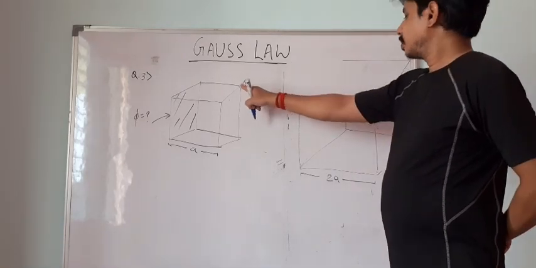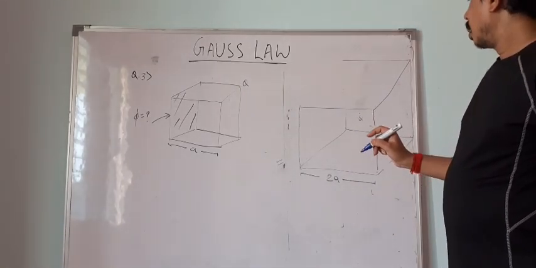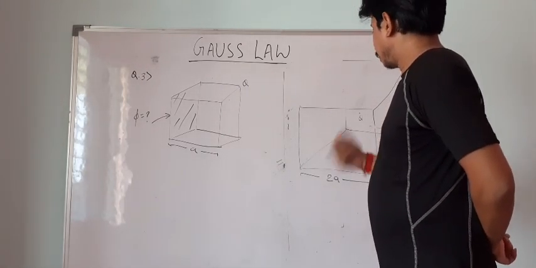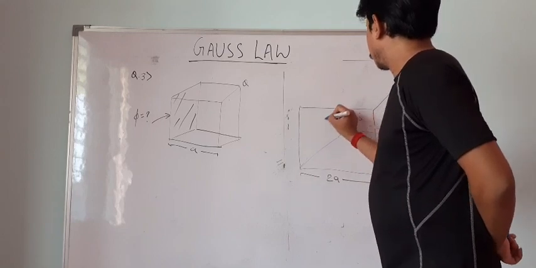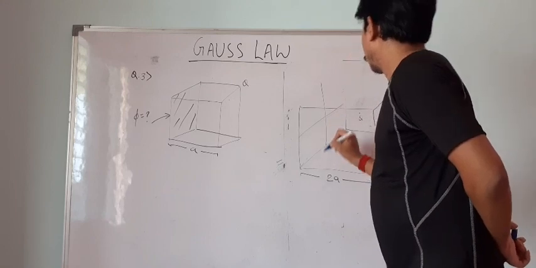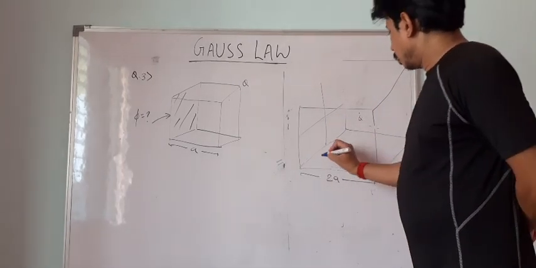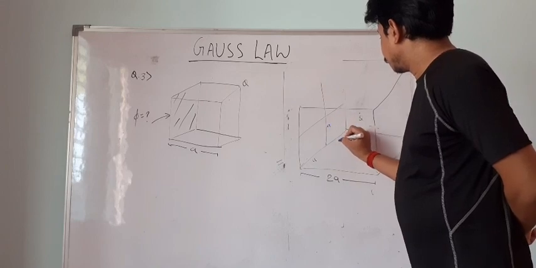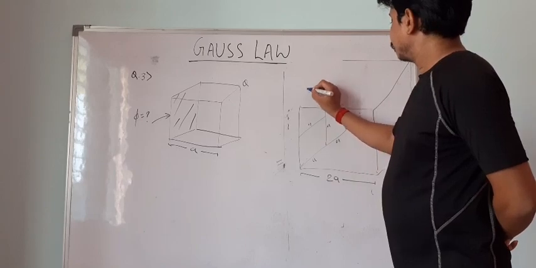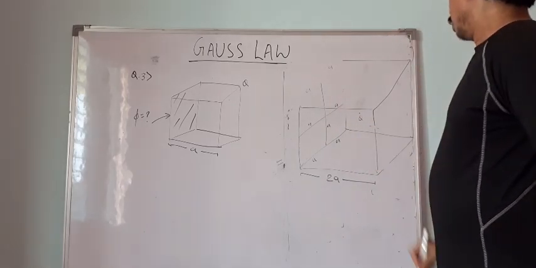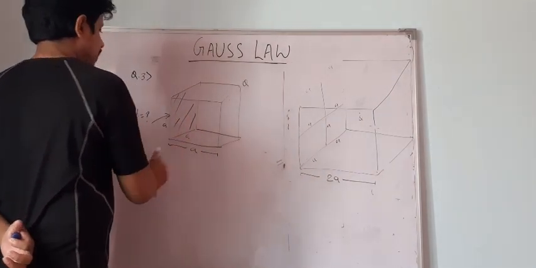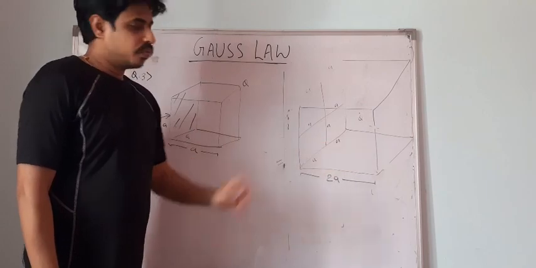Now this charge Q will come at its center, and the face on this side will divide into 4 equal faces, A by A. So this is one face of A by A, and here are 4 faces.